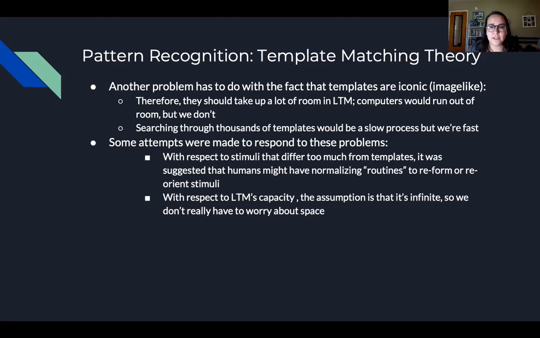And so they suggested that we might have these normalizing, standardizing routines, maybe a more automated, streamlined assembly line sort of thing that just becomes an automatic routine that might smooth out small distortions, flip the object to its upright normal position, etc.